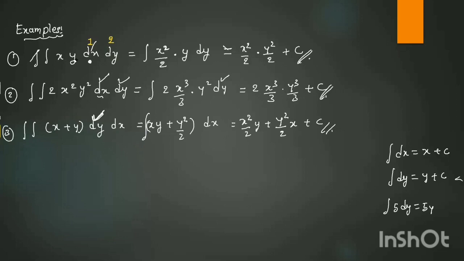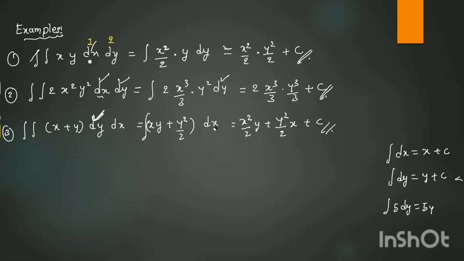It is a constant and kept as it is when they are multiplied. But here, these are two different terms, not multiplied. When you are doing with respect to y, x is a constant term. And when you integrate a constant term with respect to y, you have to multiply y. Remember, you have to multiply y. So we have multiplied y here. Plus integration of y is y square by 2.